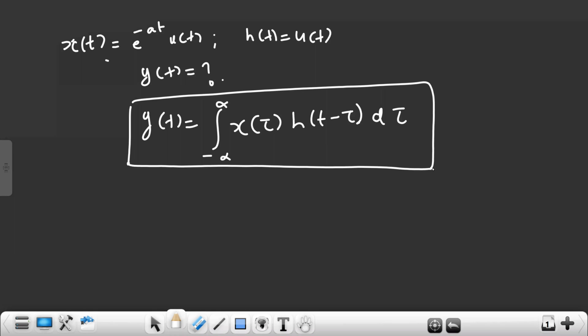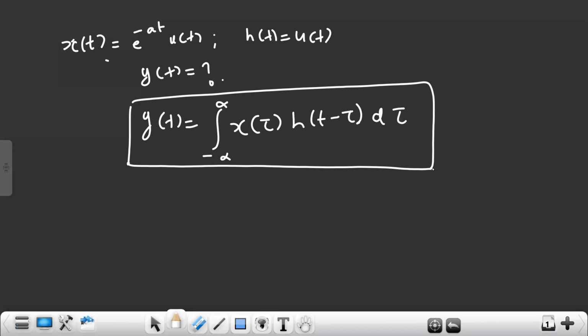Weighted is nothing but x of tau. X of tau is a scaling factor or a constant, so you can consider that as the weight, and h of t minus tau is a shifted impulse response, and the superposition is nothing but the integration from minus infinity to infinity. So the output of any LTI system can be considered as the weighted superposition of shifted impulse responses.